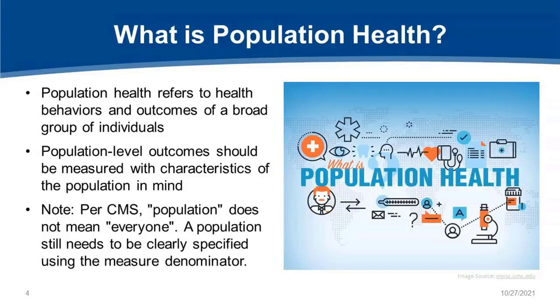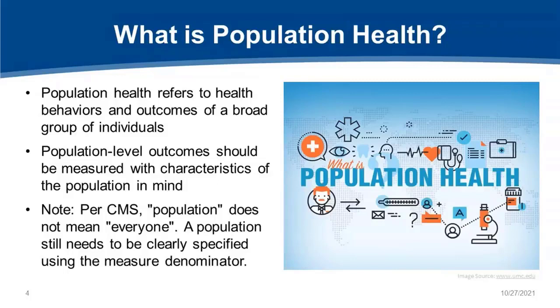So before we get into the measurement piece, let's start with a quick conversation about population health more broadly. Population health, despite its name, does not refer to everyone. It's not synonymous with public health. Population health refers to overall health behaviors and outcomes of a broad but clearly defined group of individuals.